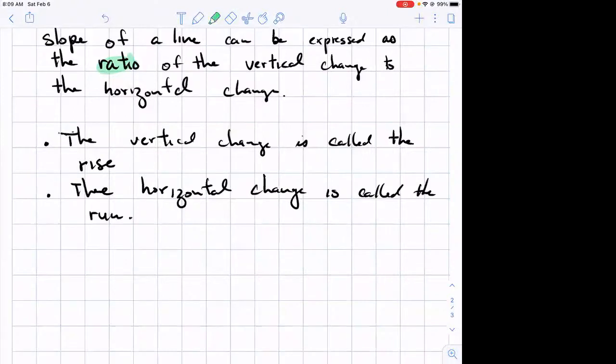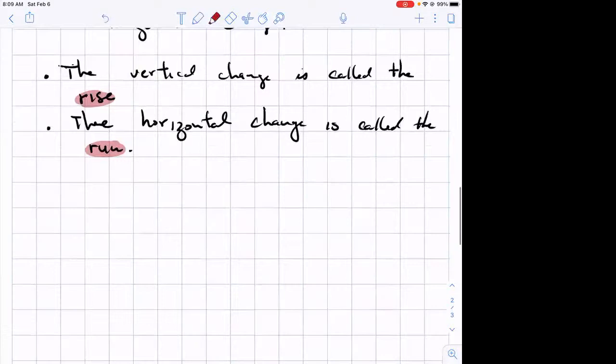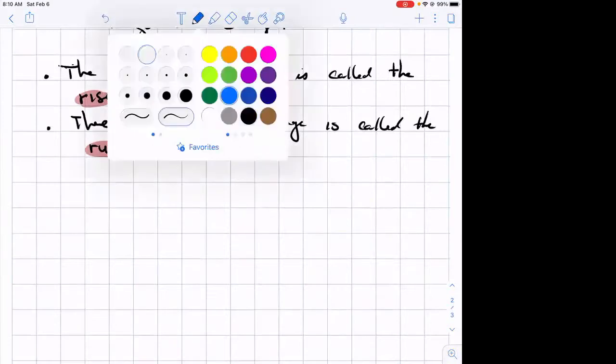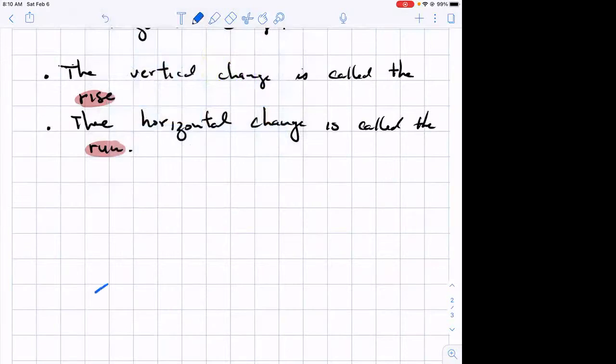So these are two terms that you will hear about when we talk about slope: rise over the run. Okay? So let's say we have a line that looks like this. Okay? So here is some line that we have.